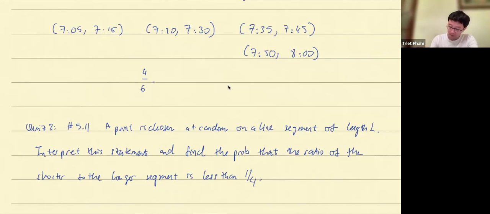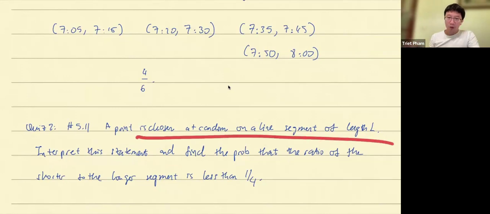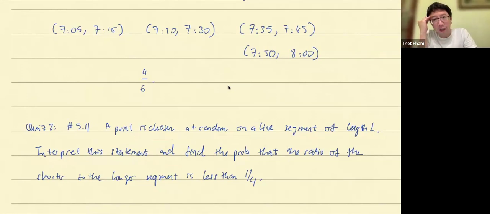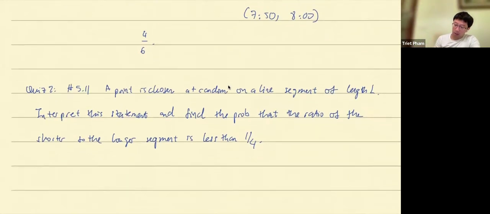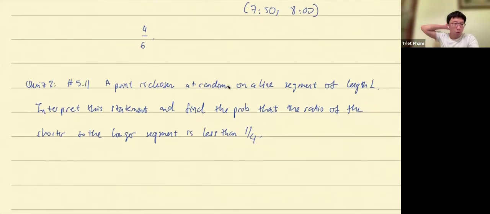So first of all, interpret the statement. We know what this means, right? Why do they want you to interpret the statement? Because the phrase chosen at random could be vague. They're not giving you the exact distribution. But it's implied by convention. When you say you choose something at random, we mean that we choose it uniformly, with no preference.